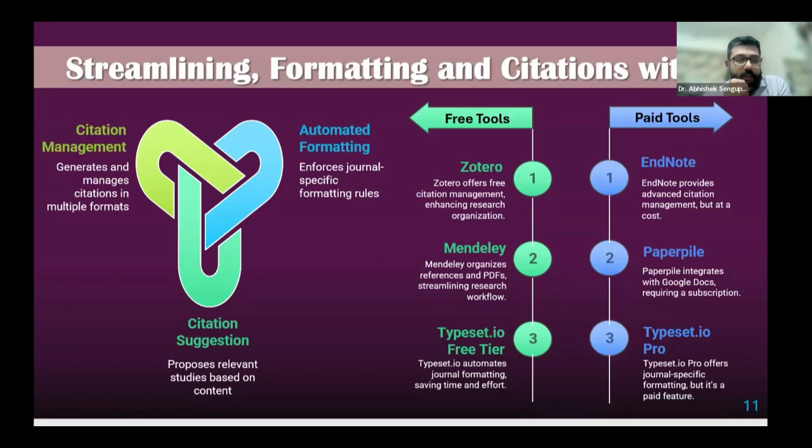There is another SciSpace.com, don't use that one. Use typeset.io, if you are comfortable with that. So these are again some free and paid tools for referencing and citations, reference managers.